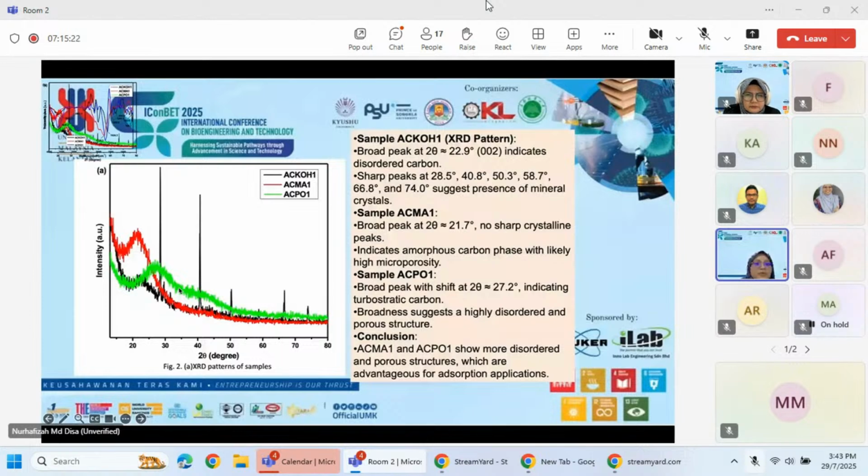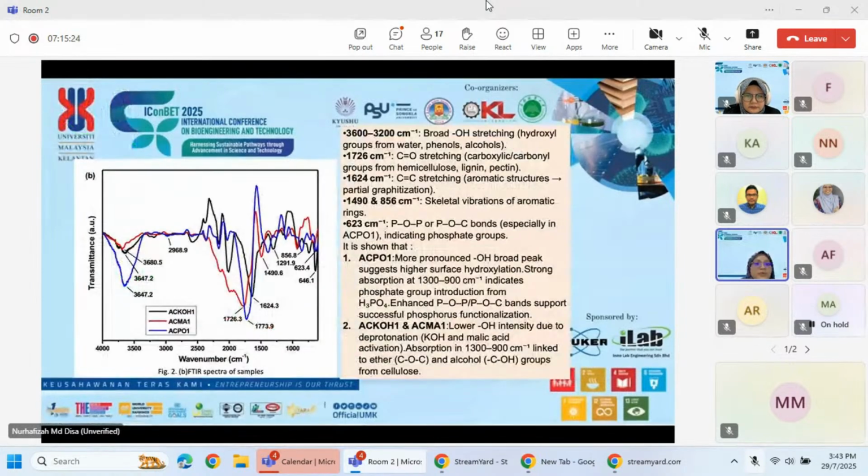Next, we have done the FTIR to confirm the chemical compositions. It reveals a broad band observed for those samples at 3,600 to 3,200, which is attributed to the hydroxyl groups due to the presence of water, phenols, and also alcohols.